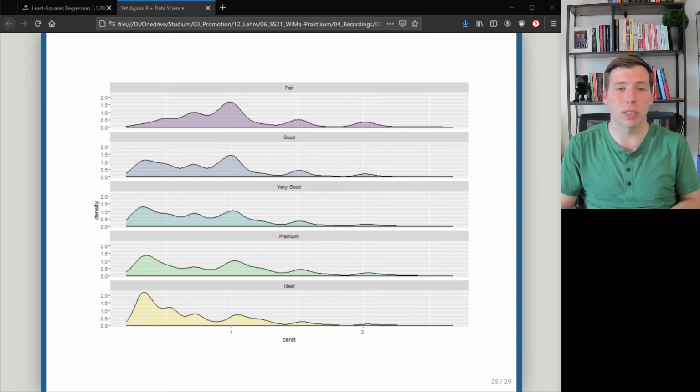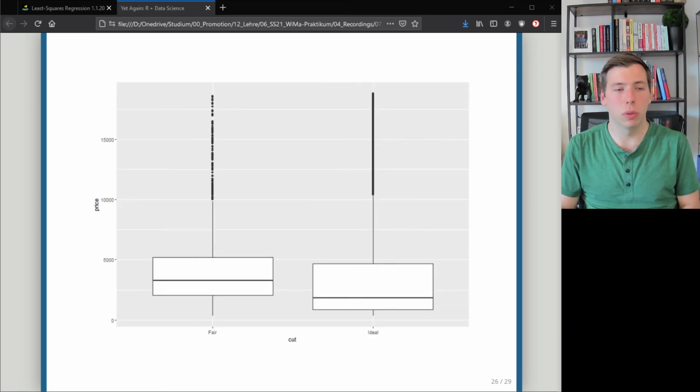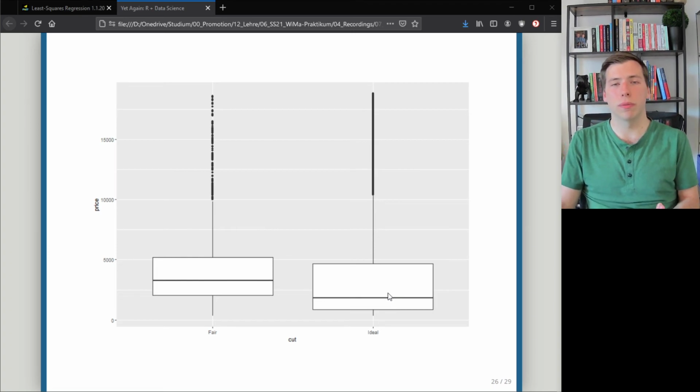And confounding is the same reason why it could look like you have to pay less for ideal diamonds compared to fair diamonds, which you would see here if you were to run a box plot for both fair diamonds and ideal diamonds. As you can see here, the median price of ideal diamonds is way lower.